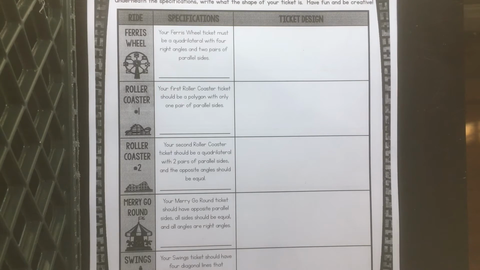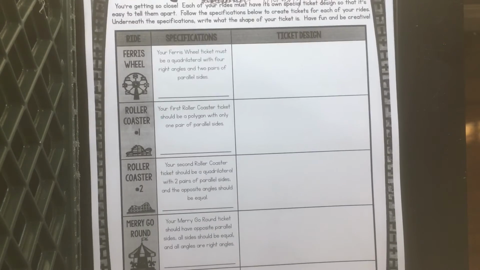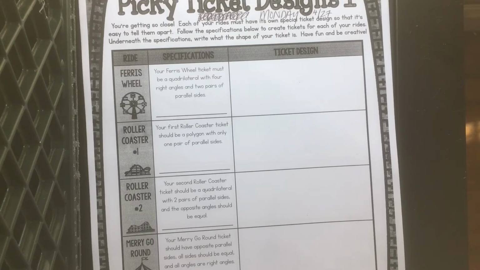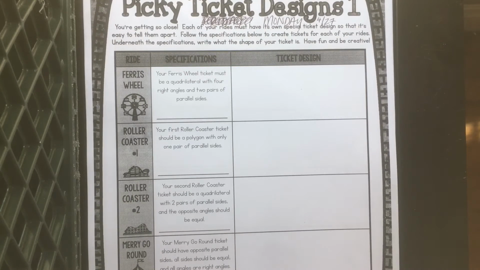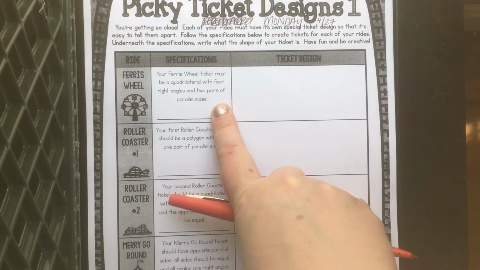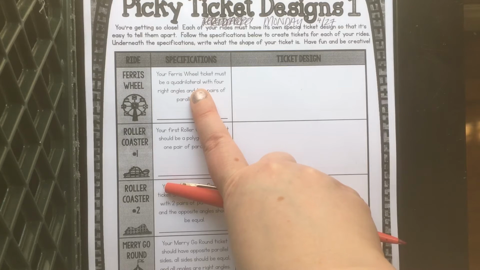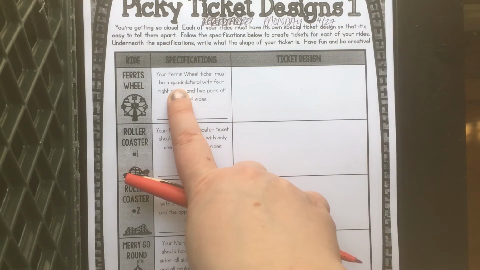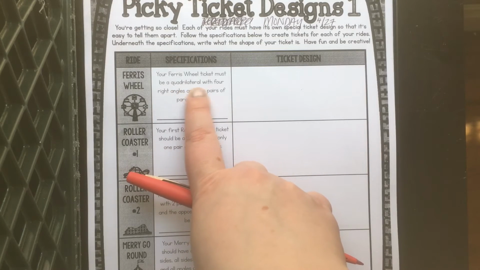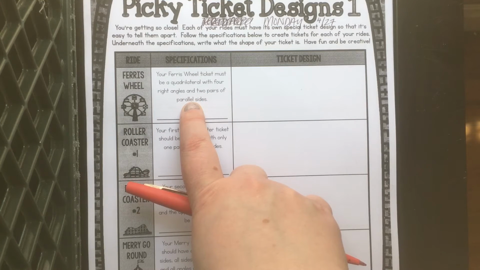All right, so here we go. We are going to be designing some tickets. So these are going to be tickets for different rides. All right, and so here we're going to draw a ticket that has to be a quadrilateral. A 4-sided shape with 4 right angles and 2 pairs of parallel sides.